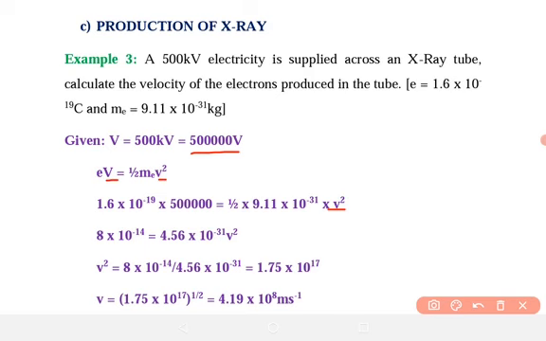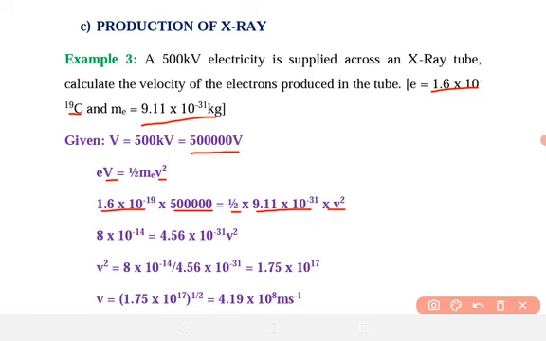So substituting the values that we have here, our e, the electronic charge, is given as a constant, and that is 1.6 times 10 to the minus 19 coulomb. Our voltage is 500,000, and we equate that to half mv squared, where m represents the mass of the electron, and it is given as a constant in the equation as well.